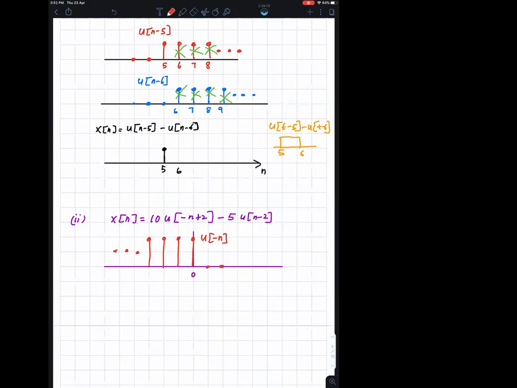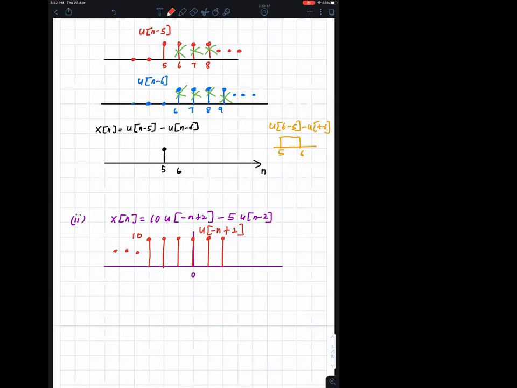Then next, I add 2. When I add 2, I'm going to pull the series to the right by 2. Okay, so all these are 10.